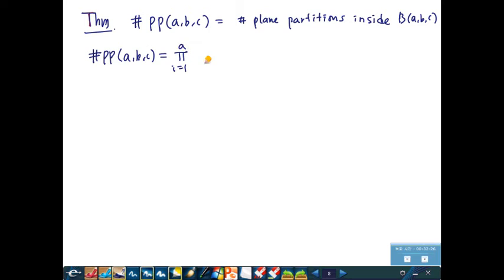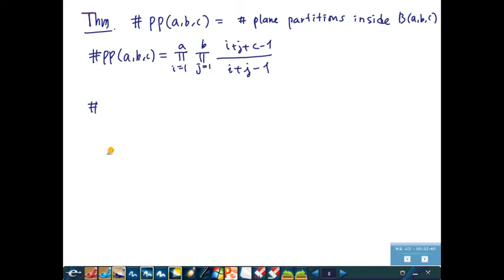It has a product formula like this. We even had a generating function, and if you let q approach 1, you will get this. This is basically a consequence of MacMahon's box theorem.